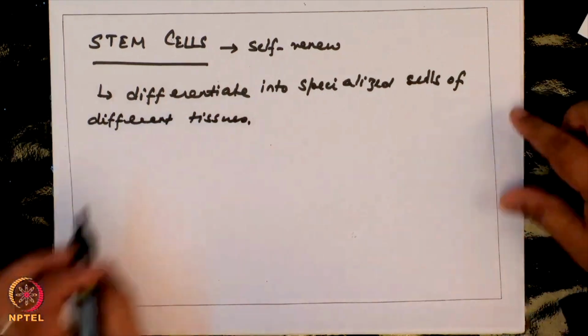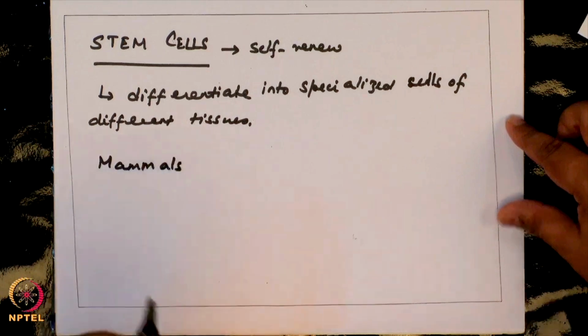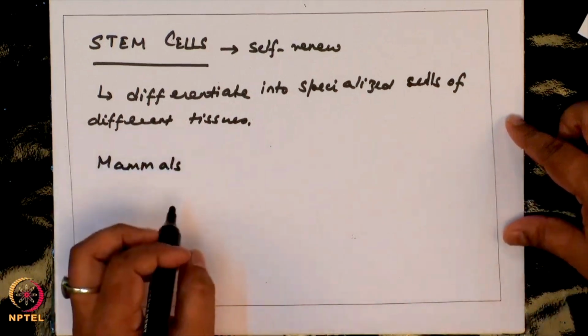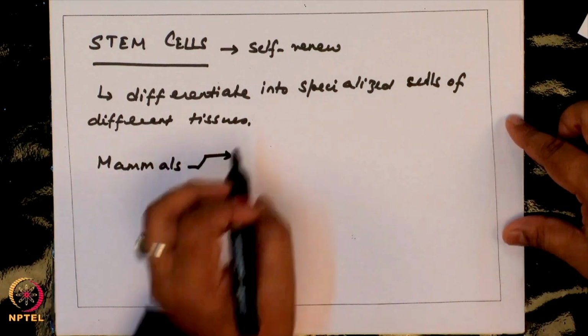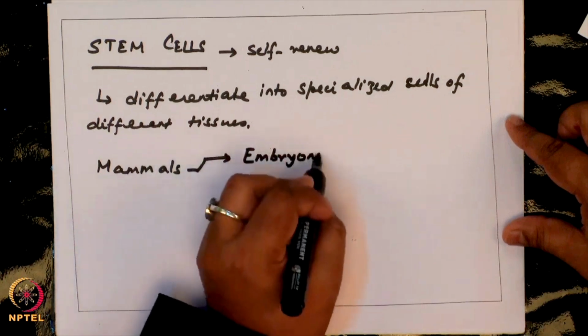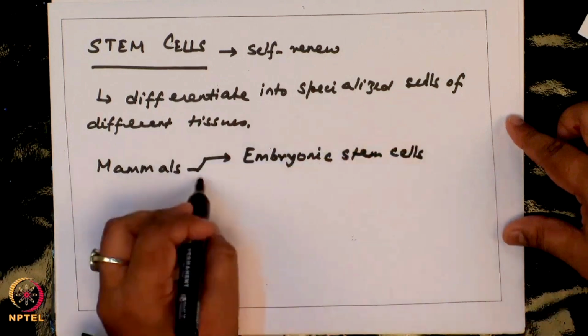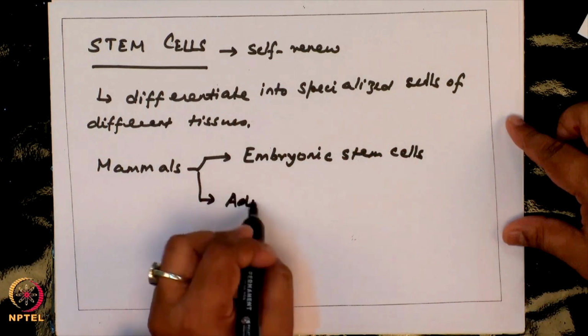In the case of mammals, you broadly have two types of stem cells: embryonic stem cells and adult stem cells.